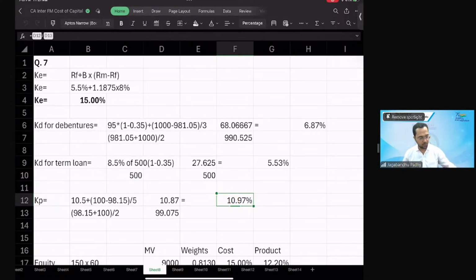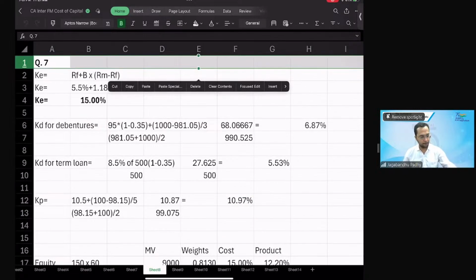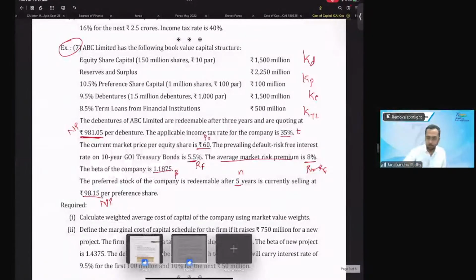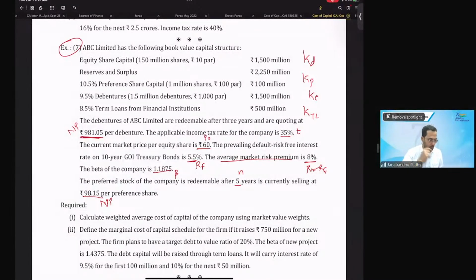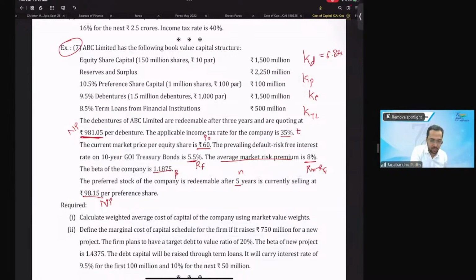Just check if you're getting these four numbers of cost of capital. Cost of debt or debentures, that was 6.87%.